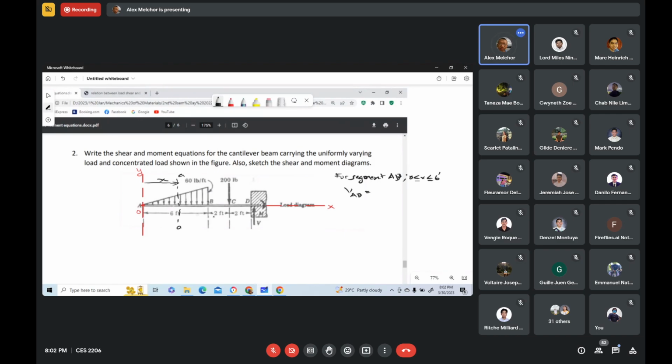The shear is equal to the summation of vertical forces considering the left portion of the section. So again, when you consider the left portion of the section, an upward force is positive while a downward force is negative.